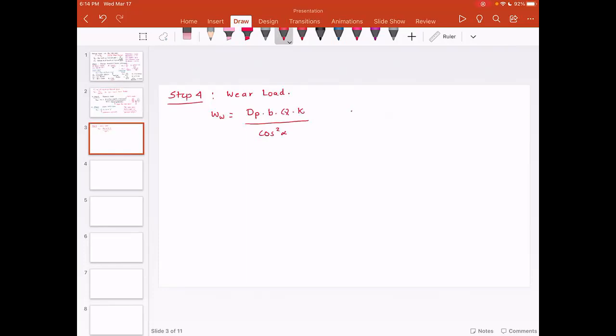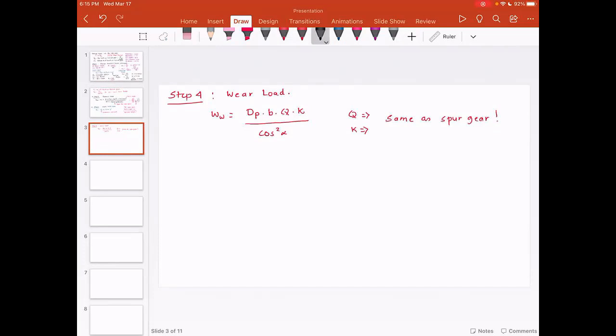And the value of Q and the value of K are the same as for the spur gear. So when we try to work a problem on helical gear, we'll be referring to the table in the spur gear chapter.